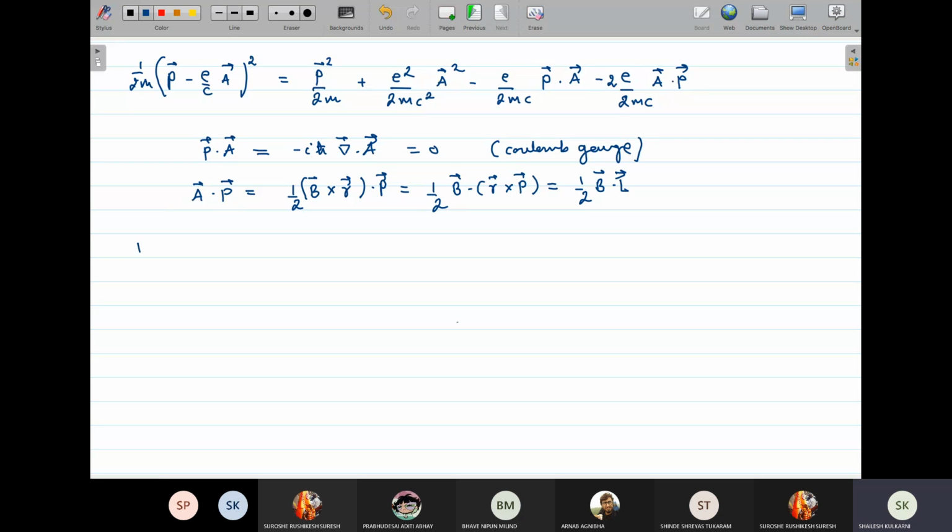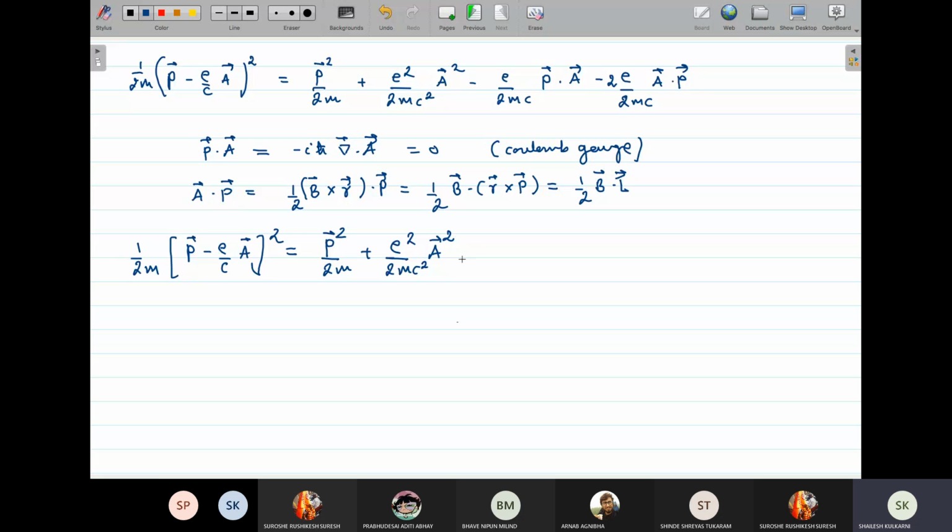So 1 over 2m, P minus e by c A whole square, is equal to P square divided by 2m plus e square divided by 2mc square A square. If you want, you can neglect this term under the assumption that the fields are weak, so A square will be small.